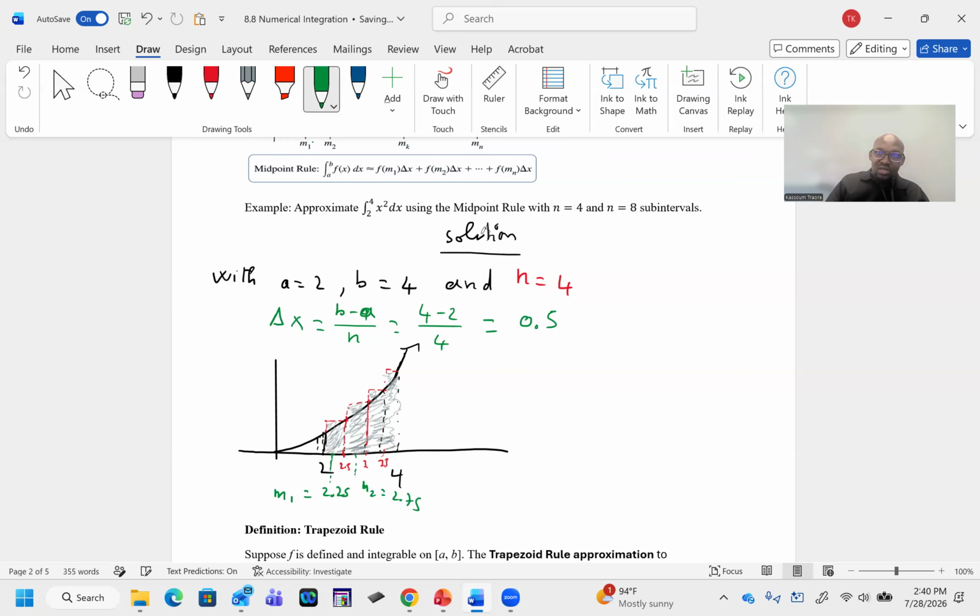And the midpoint between 3 and 3.5 is my M3, which is 3.25. And between 3.5 and 4, the midpoint will be 3.75. So M4 will be 3.75.